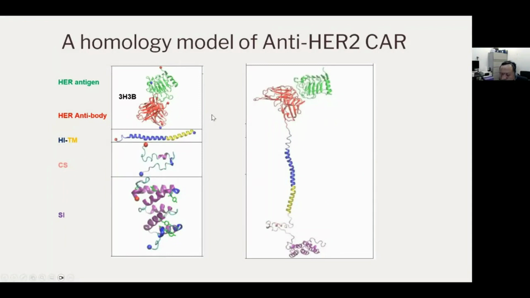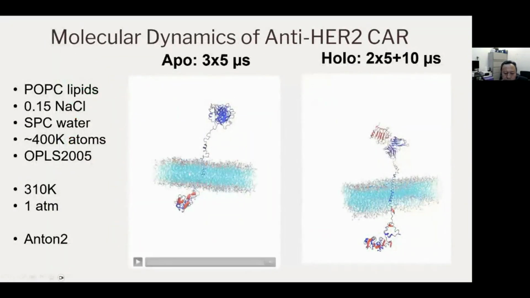Okay, so with the structure model, now we can use MD to simulate this system, because this system is very big. I have removed the water, so this is just some detail about the molecular dynamics simulation. You can see we have the antibody part and the membrane.